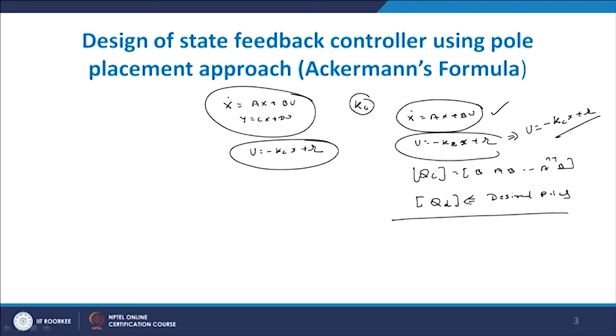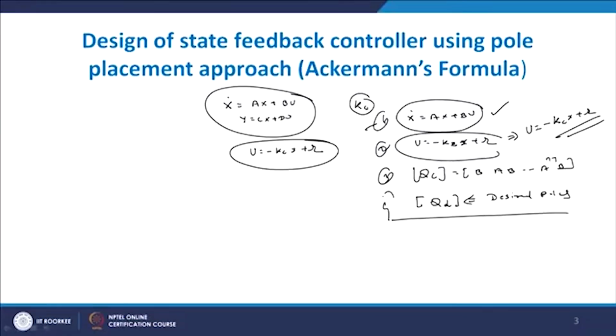Then it depends upon the controllability matrix B, AB, up to A raised to n minus 1 B, and QD, the desired poles. So the formula we get depends on these four conditions.